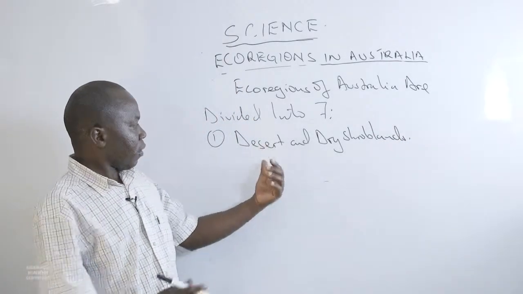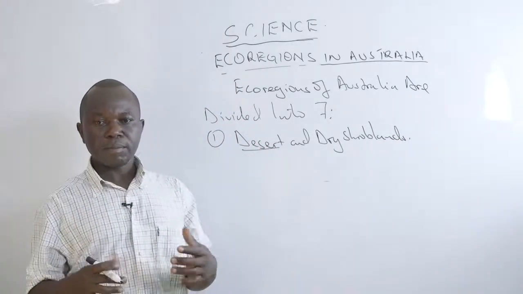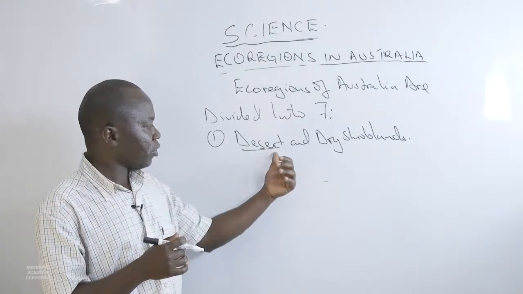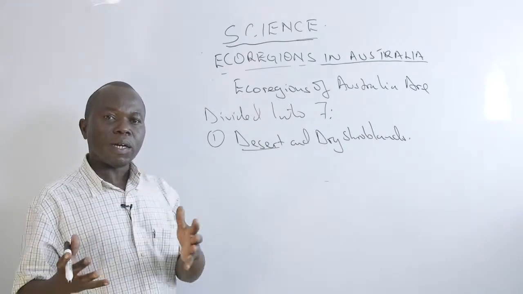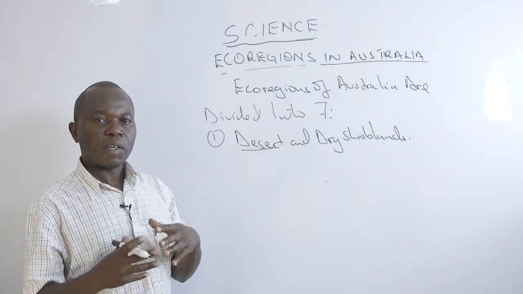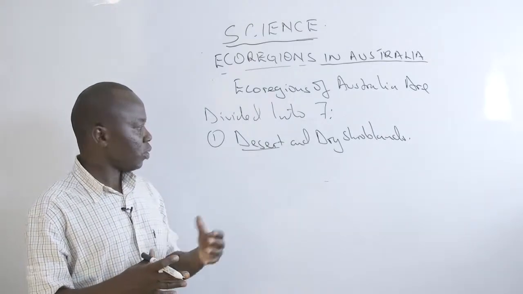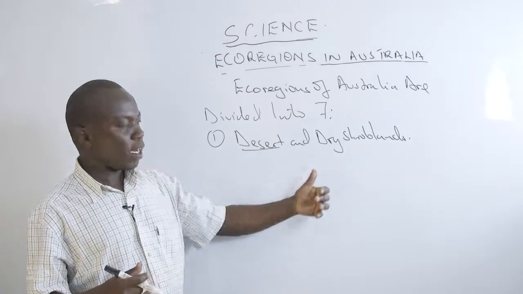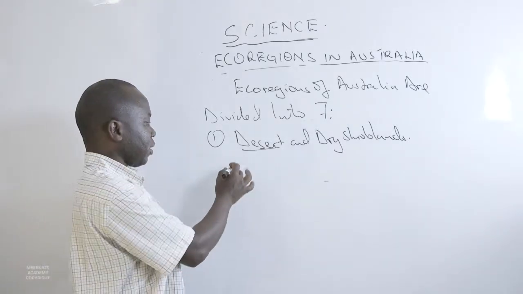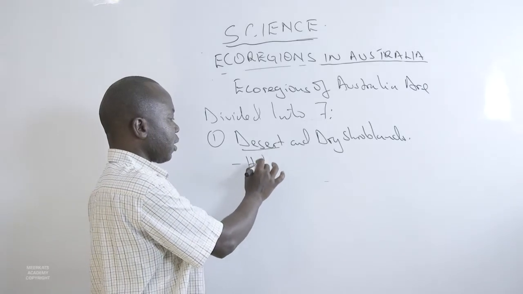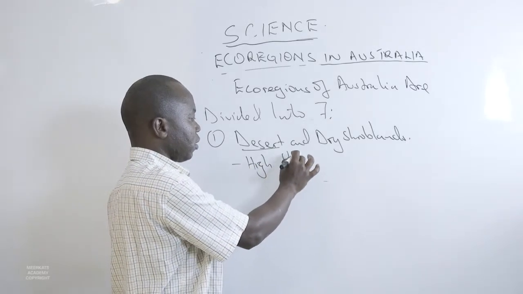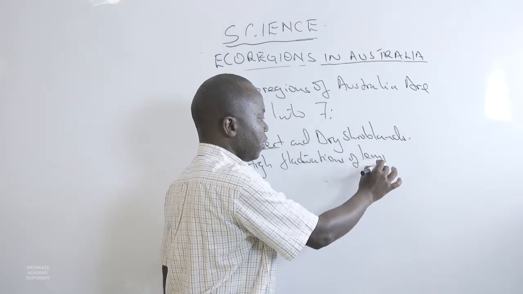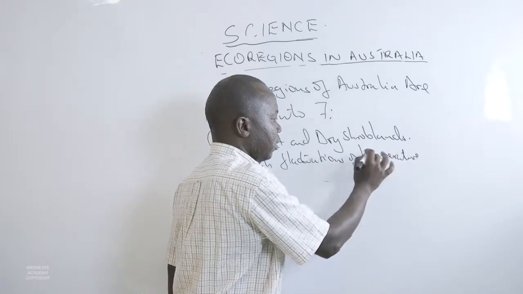When the term desert comes into your mind, one thing that should strike very fast, you look at the amount of rainfall, you look at temperature fluctuation. So in this type of ecoregion, we are going to have very high fluctuation of temperature.